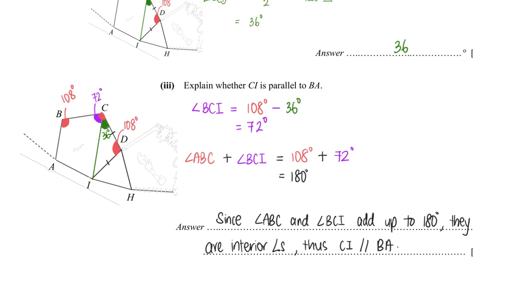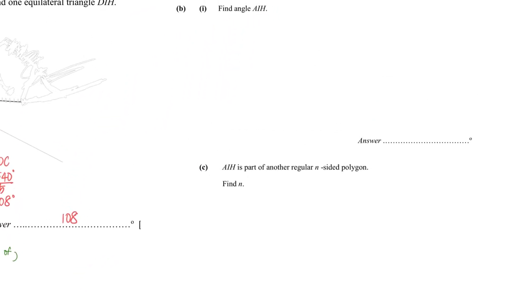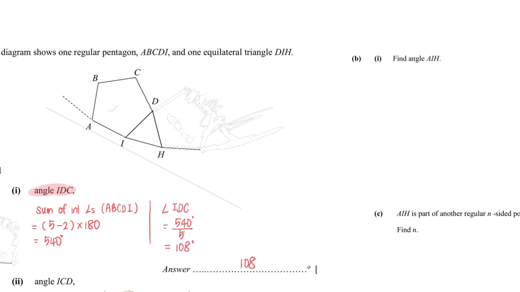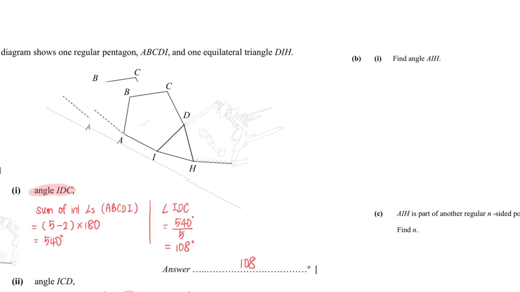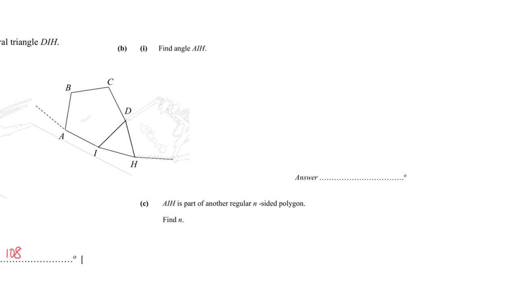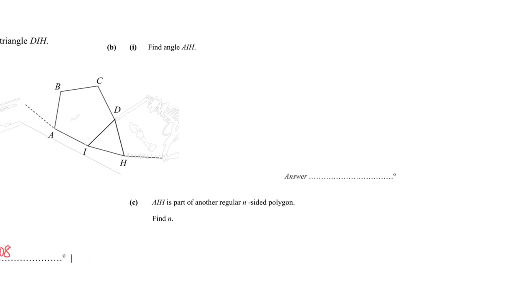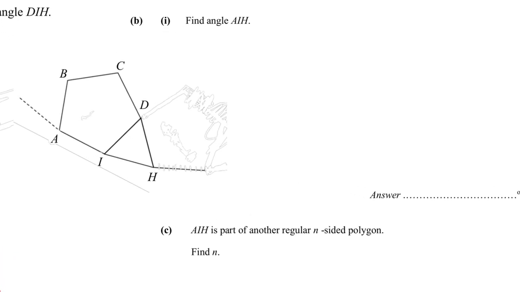For the next part, let's move on. I'm going to just bring this over so that it's easier. Find angle AIH. We already know this as 108 degrees, and DIH is an equilateral triangle, so that is 60.